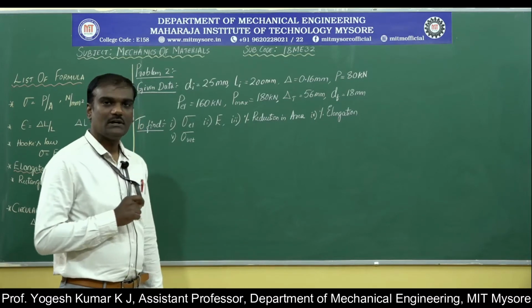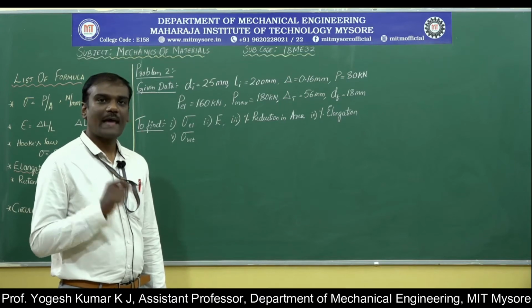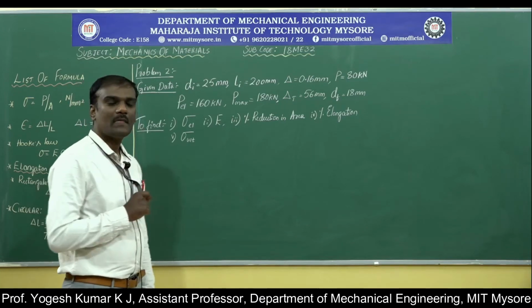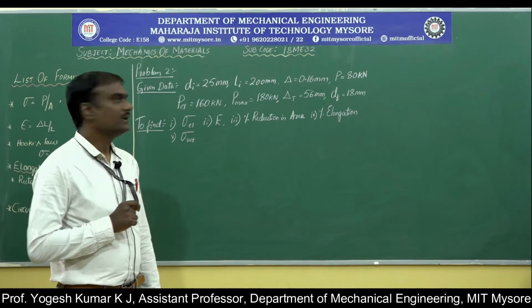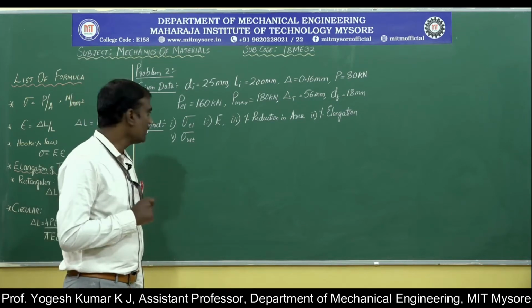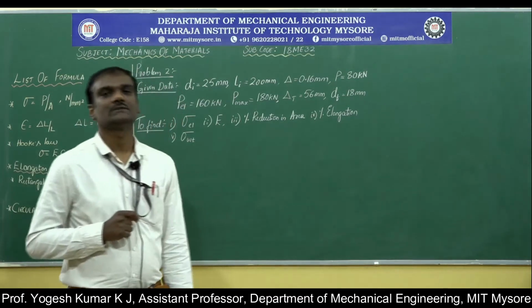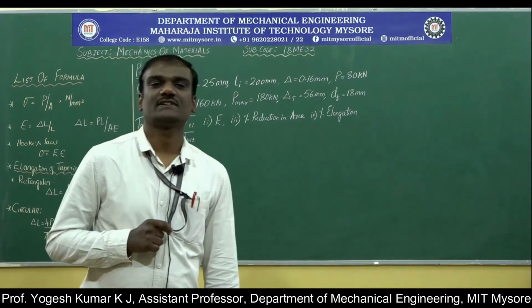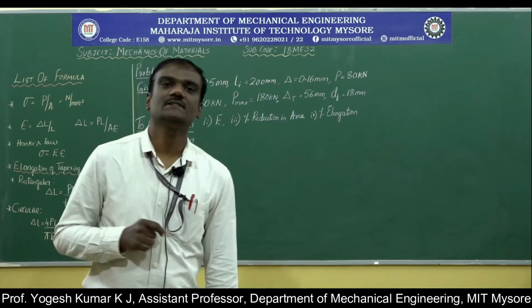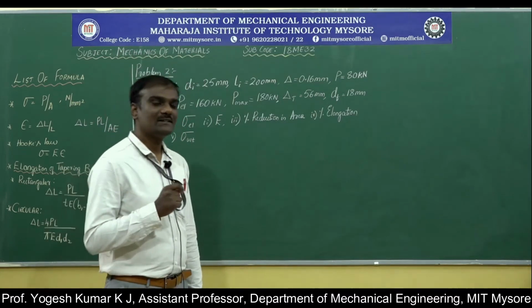The extension at fracture is 56 mm and the diameter of the neck is 18 mm. Determine stress at elastic limit, Young's modulus, reduction in cross-sectional area, percentage elongation and ultimate stress.